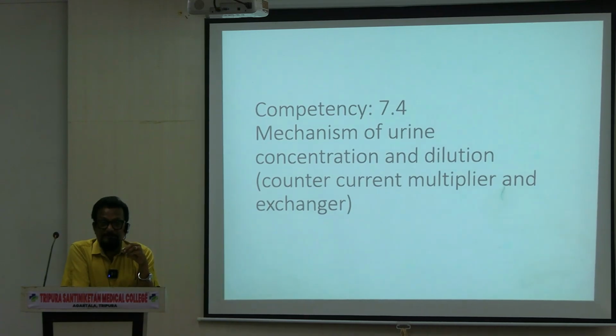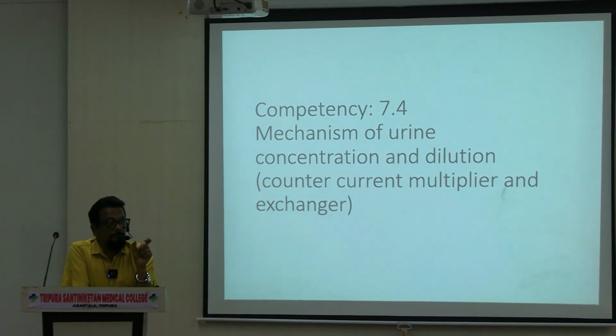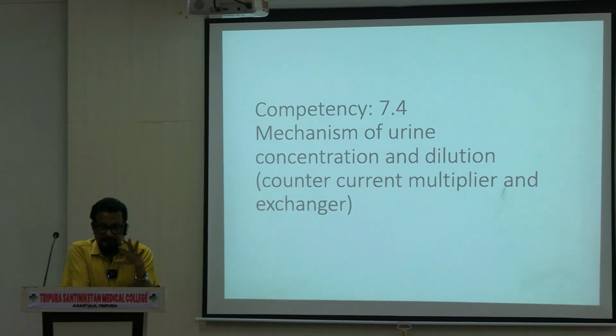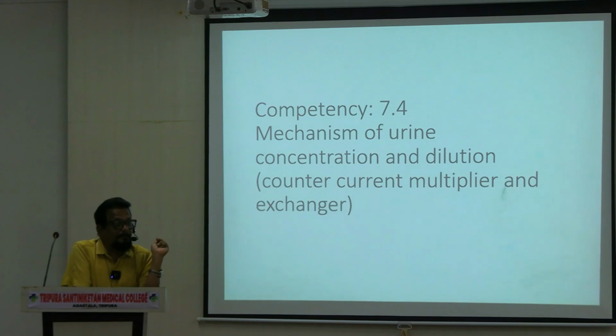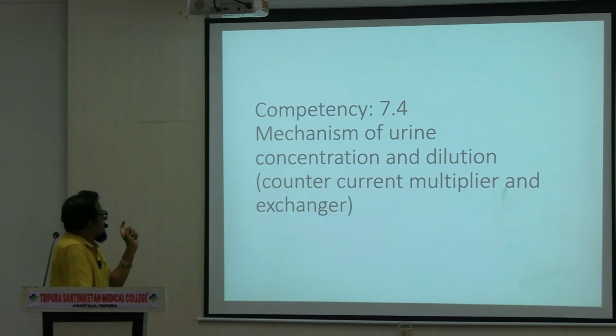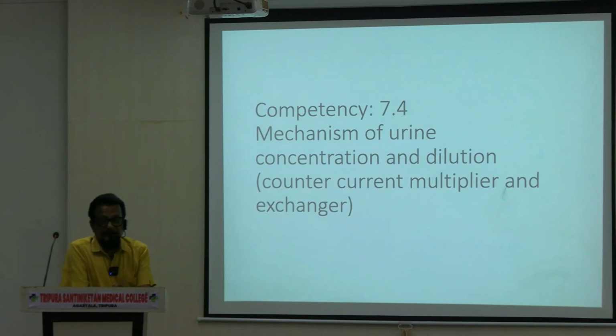In such circumstance, to bring the osmotic pressure down to normal, the body eliminates excess water through the kidney, involving this mechanism. So this countercurrent multiplier and exchanger system is actually responsible for concentrating the urine and diluting the urine.